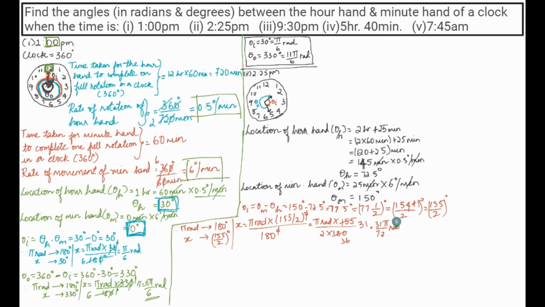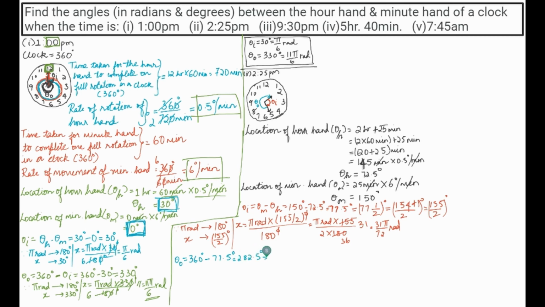So next let us find out our outer angle, theta O. We simply have to subtract the inner angle from 360 degrees, that is 360 degrees minus 77.5 degrees, which is equal to 282.5 degrees.